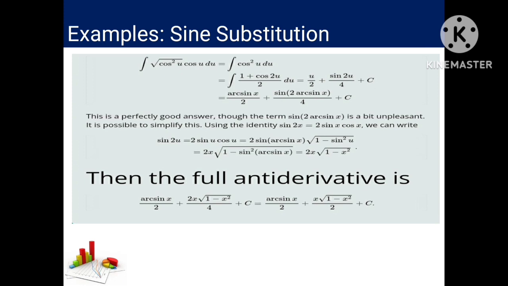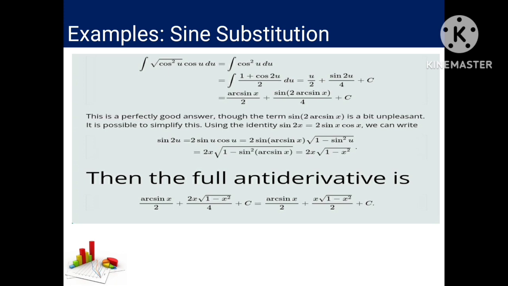We can write sine 2u equals 2 sine u cosine u, which is equal to 2 sine of the quantity arc sine x times square root of 1 minus sine squared u, which is equal to 2x square root of 1 minus sine squared of the quantity arc sine x, which is equal to 2x square root of 1 minus x squared.